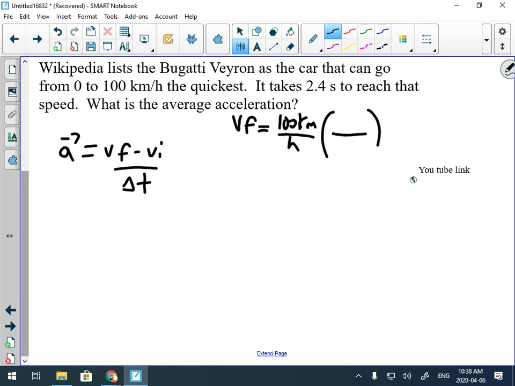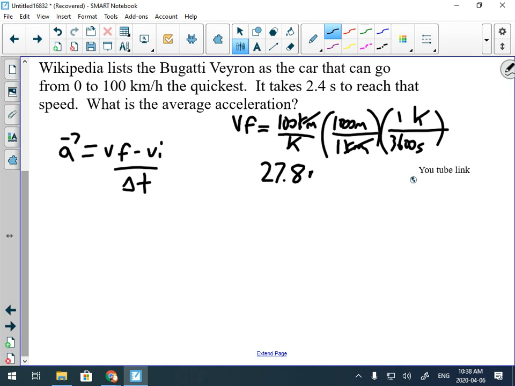Let's just change that quick. Kilometers on the bottom, 1,000 meters on top. Hours on top, 3,600 seconds on the bottom. Kilometers cancel, hours cancel, right? So it's the same conversion as above. So 100 times 1,000 divided by 3,600 gives me 27.8 meters per second.